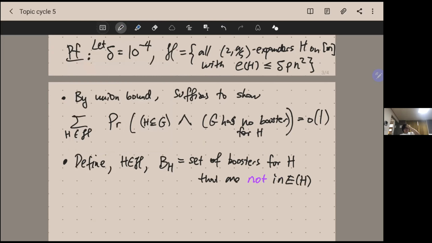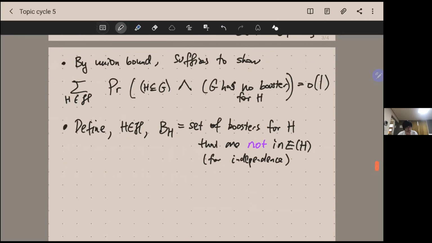We want a set of boosters that's not already edges of H. This is for independence, you will see later. We define this, and right.